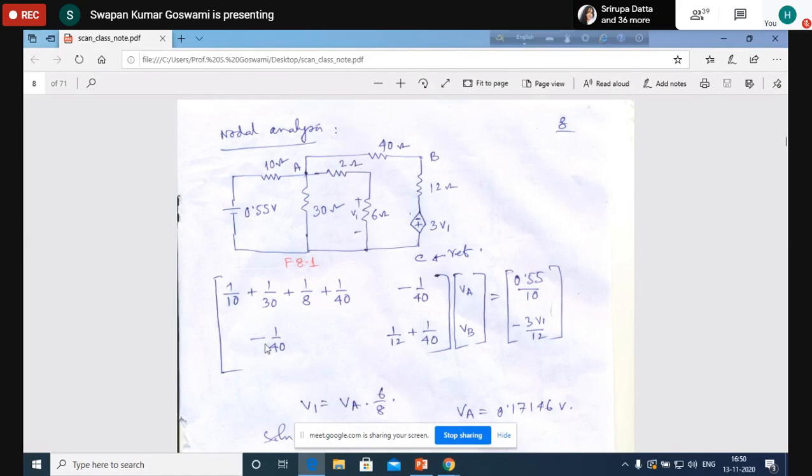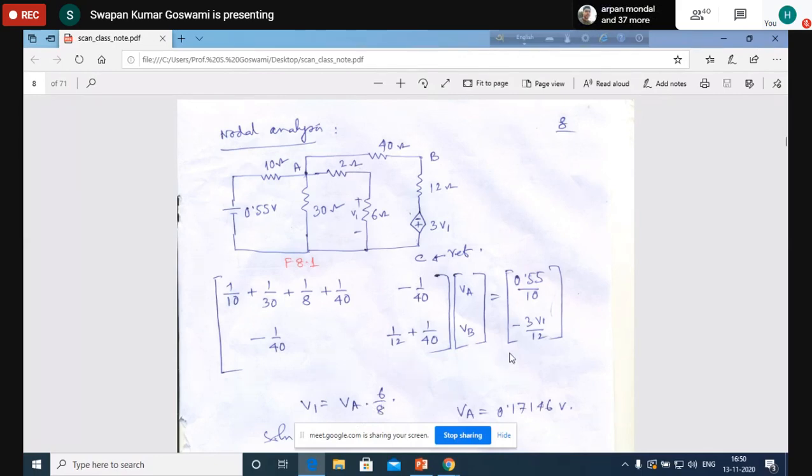If I expand it, it will be minus VA by 40 plus VB into 1 upon 12 plus 1 upon 40. That is equal to minus 3V1 by 12. Now what is V1? V1 is 6 VA by 8. You put the value of V1 equal to 6 VA by 8 and rearrange the equation.